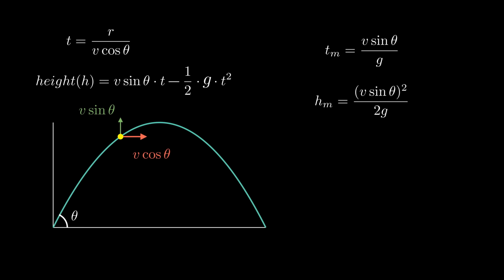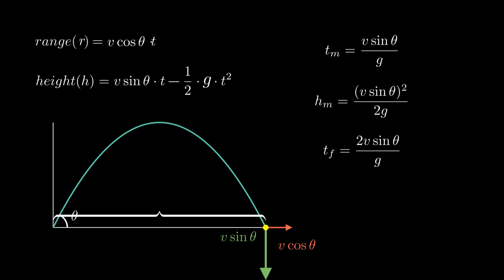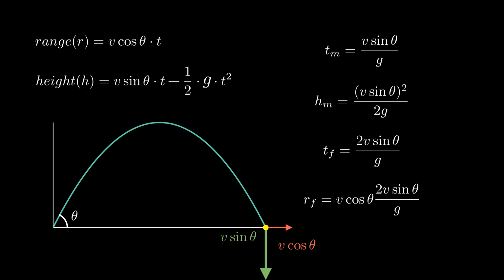So the time the projectile takes to get to the peak height from the ground will be the same as it takes to come back to the ground from the peak height. Hence the time of flight equals 2 times the time of maximum height. And now the last thing, the horizontal range of the flight. For that, we can simply put the time of flight in the equation for range. Simplifying this will give us the horizontal range of the flight.